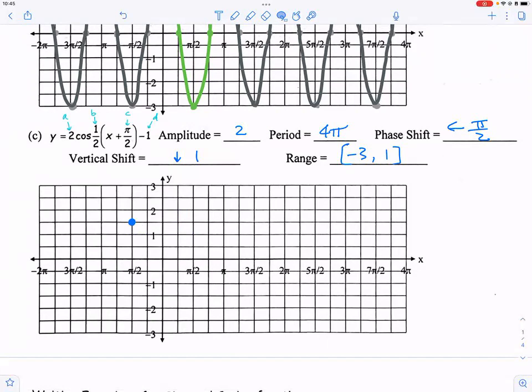So we will settle our first point right here at negative pi over 2, comma, wait, hold on, comma 1. Yeah. That's where we settle our point. Again, originally it's 1. Because of the amplitude, we shift to the left, and then we have to change the amplitude, which is going to be 2, but then we have to move down 1 unit, so it comes back to y value of 1. So that's the first point. What's the next point?